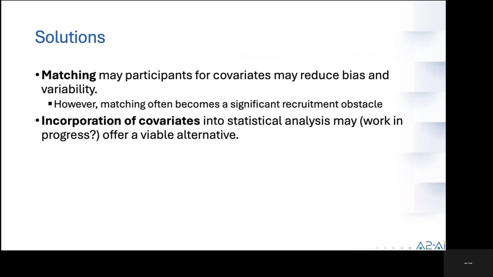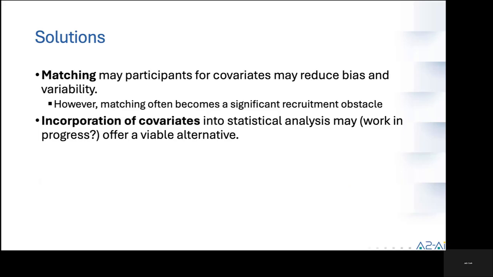So what are the solutions? Well, one solution is matching, and we try to do that in a lot of studies that have to be parallel group design. You try to match participants for covariates to reduce bias and variability. However, this matching often becomes a significant recruitment obstacle, especially if you have to do it in patients.